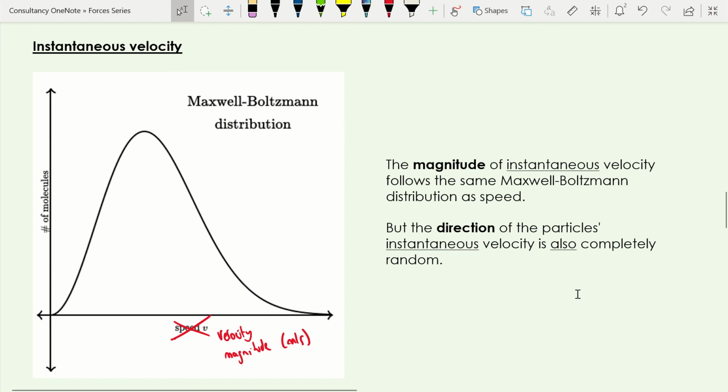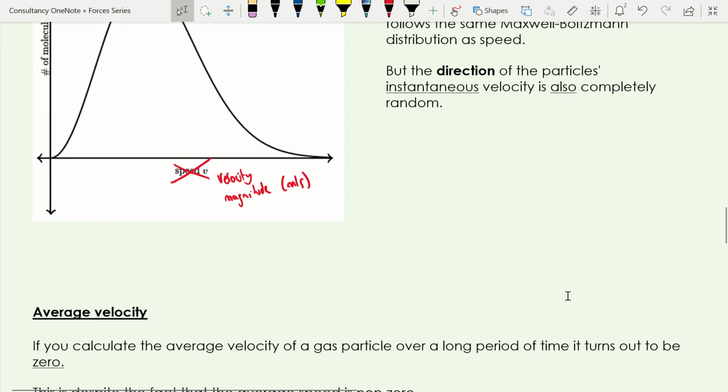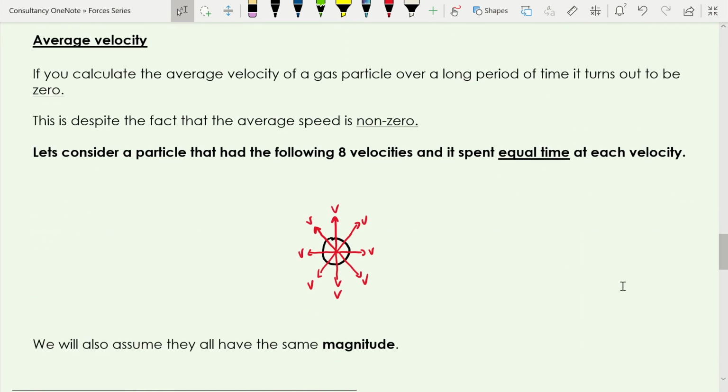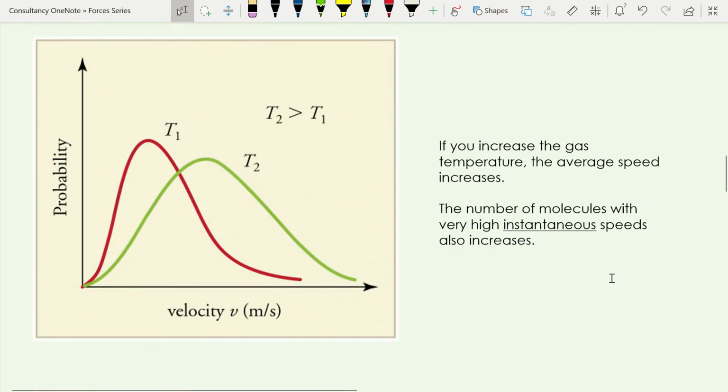So that produces interesting effects when we start thinking about the average velocity of a gas particle, or even of the whole collection of gas particles, if you like. So intriguingly, if you calculate the average velocity of a gas particle, it turns out to be 0.